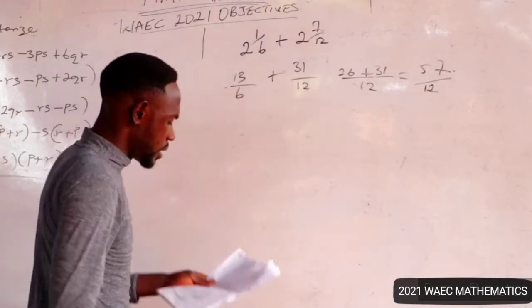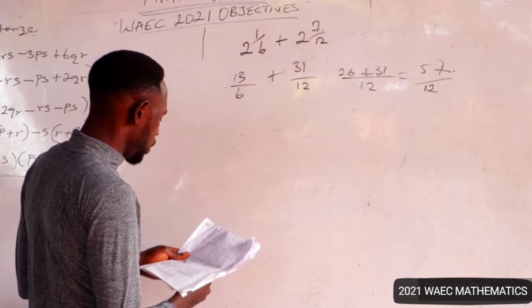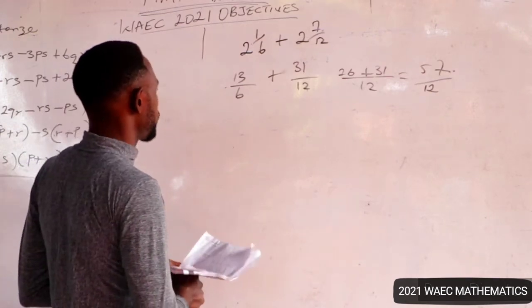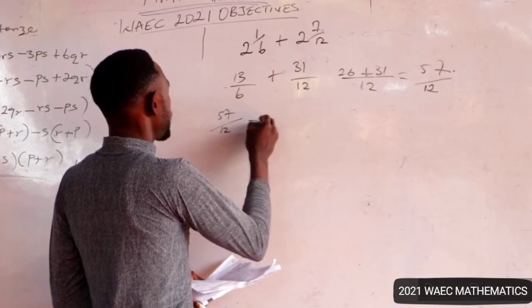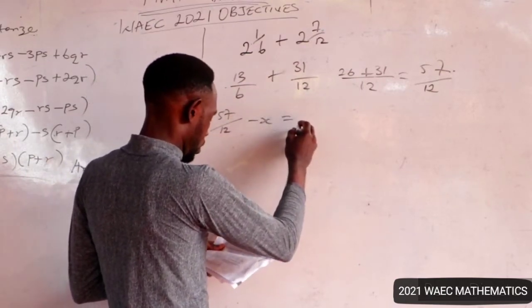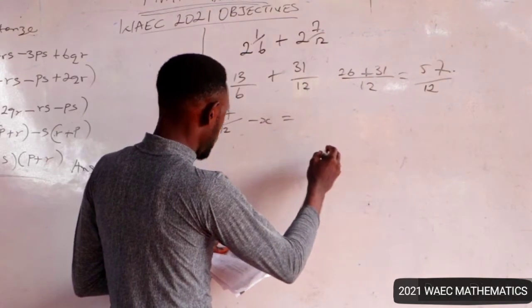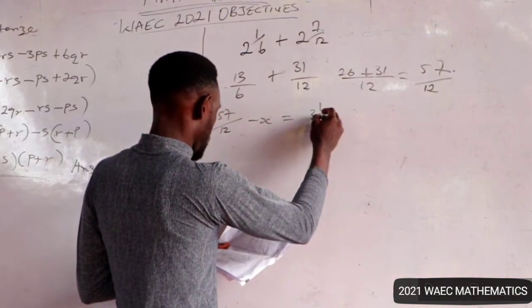Then they told us, what number must be subtracted from it to give us 3 whole number 1 over 4. So we subtract the unknown number, which means 57 over 12 minus x will give us, according to them, 3 whole number 1 over 4.